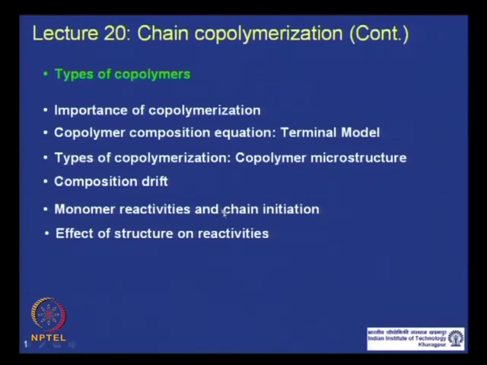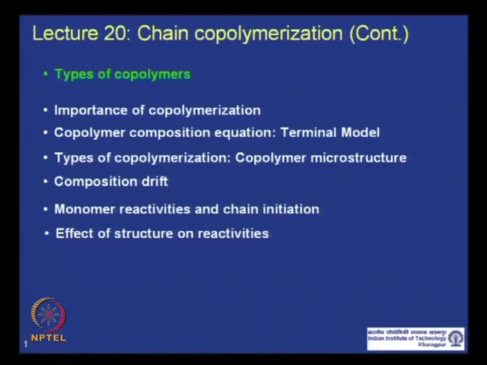In this lecture we will talk about the importance of copolymerization and then the copolymer composition equation, and then go into different types of copolymerization process and resulting different microstructure of copolymer, and then talk about composition drift and monomer reactivities and the corresponding effect of chain initiation reaction on monomer reactivities.